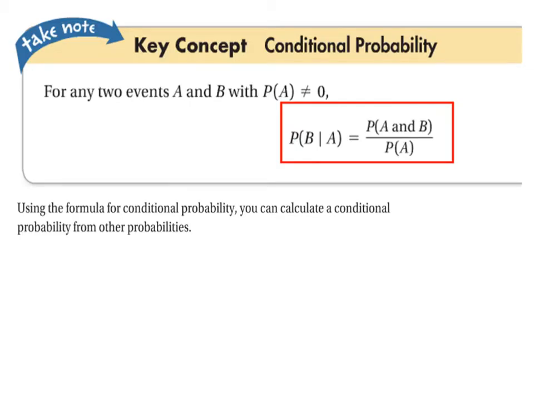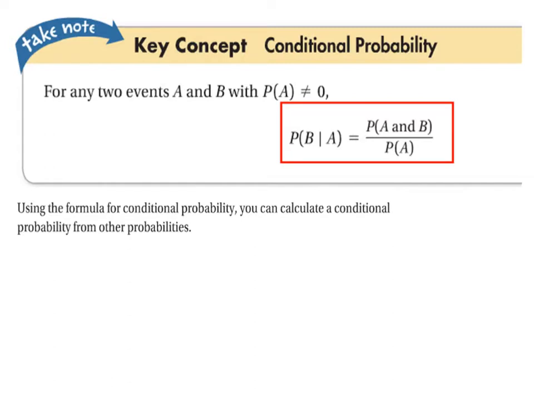All right, so conditional probabilities. In those last examples, we really had all the information we could ever possibly need to answer any and all of those questions. But you may not always have that. So in order to find the probability of B given A, we can use this formula if we just know the probability of A and B and the probability of A. In that case, we wouldn't need all of that information in the table.